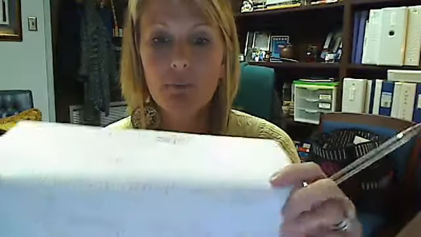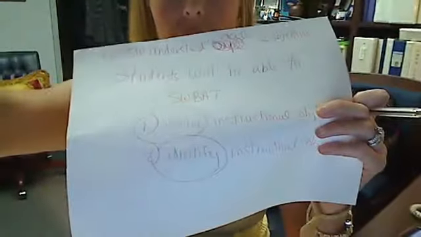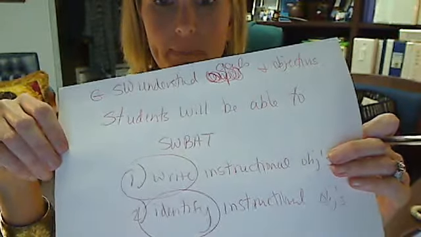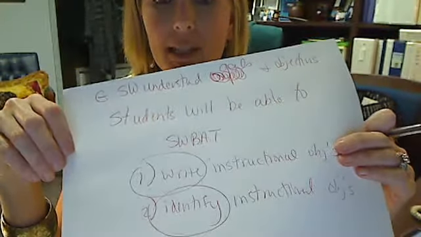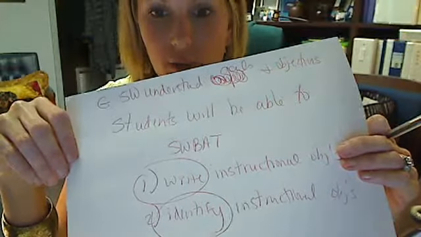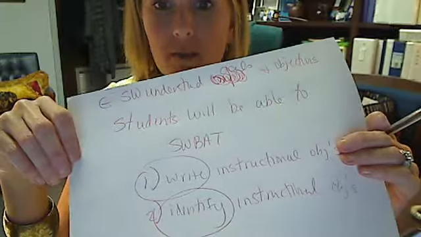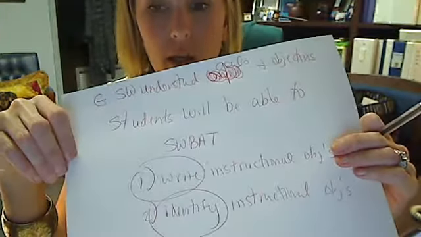And so these action verbs are write and identify. If I ask students to write, can you observe that? Yes. If I ask students to write, can you measure that? Yes, because they can actually write you an objective and you can see if they know how to write an objective.